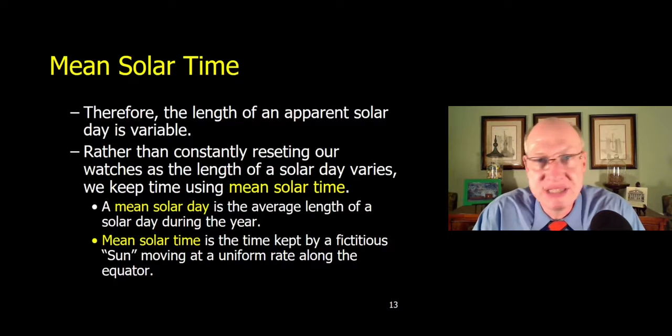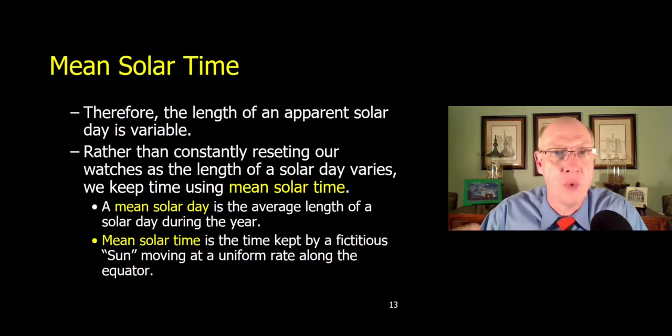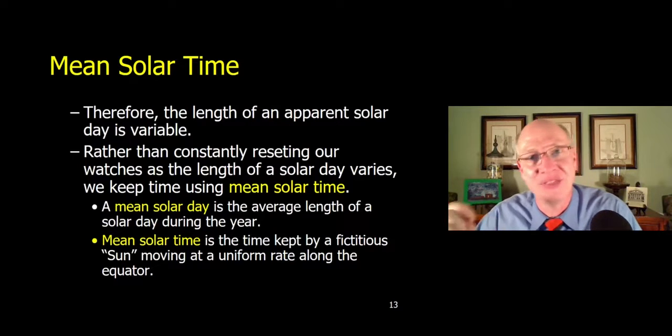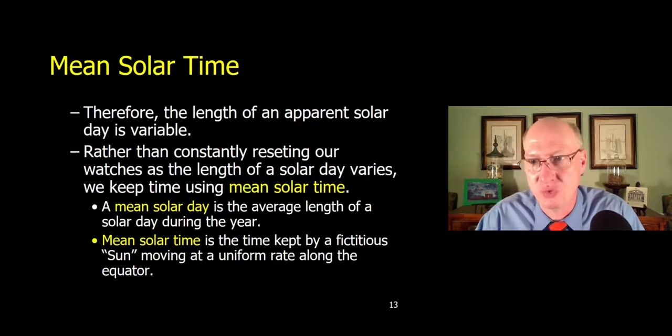So rather than resetting our watches all the time and resetting our clocks all the time, we use an average solar sun. It's the average length of a day during the course of a year. As I said, mean solar time is kept by a fictitious sun, a sun that moves at a uniform, even rate around the equator rather than speeding up and slowing down like the real sun does. So here's the thing.